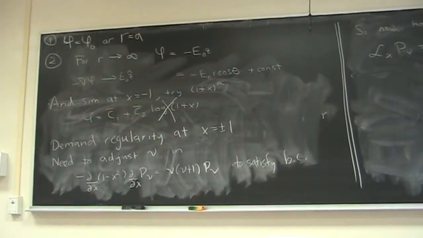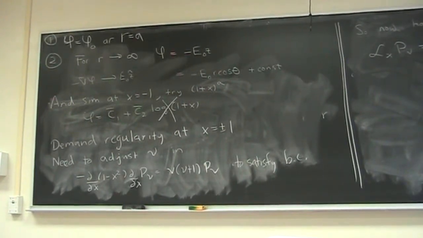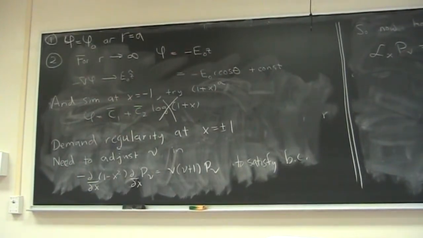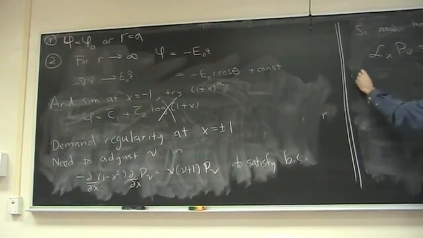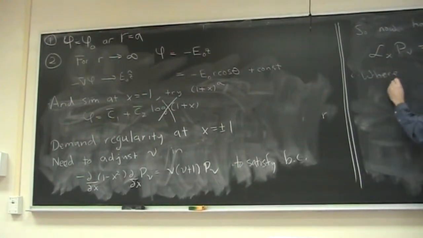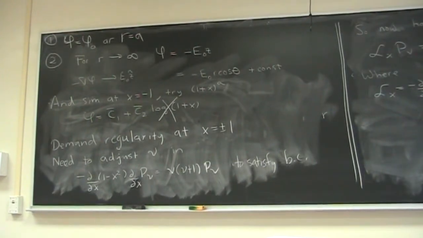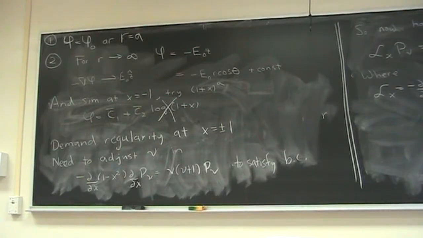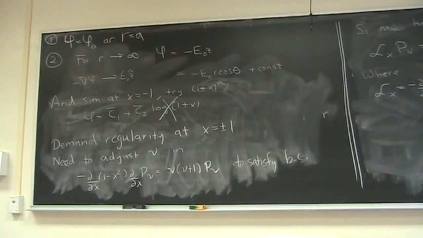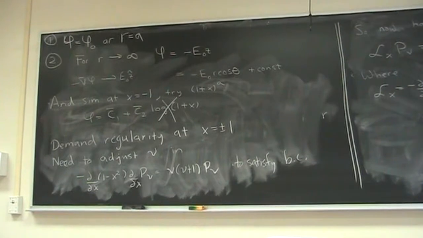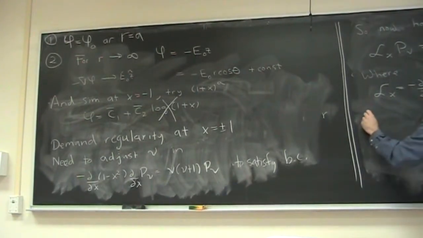So now it's not just a differential equation anymore, but it's an equation both for the function and for the constant nu, an eigenvalue equation. And if you look at it, this L of x, this operator, is precisely a kind of homogeneous Sturm-Liouville form. So this is exactly the sort of Sturm-Liouville eigenvalue problem that we talked about. Let's just see whether the operator itself is self-adjoint. So check.